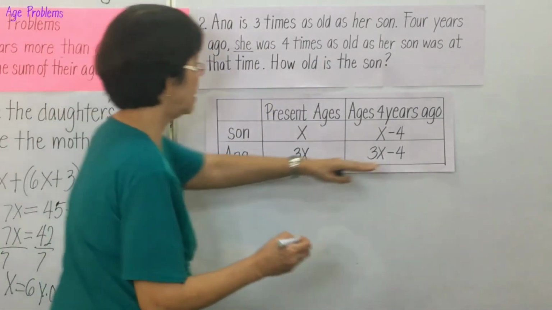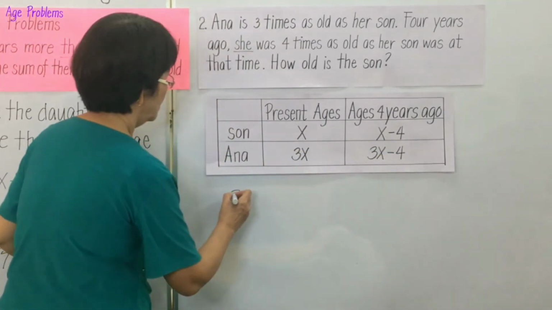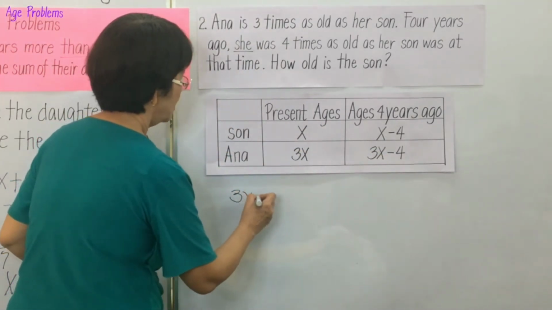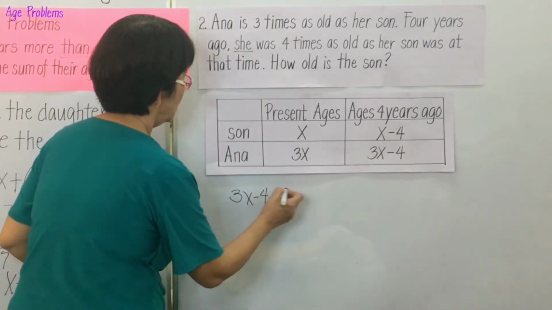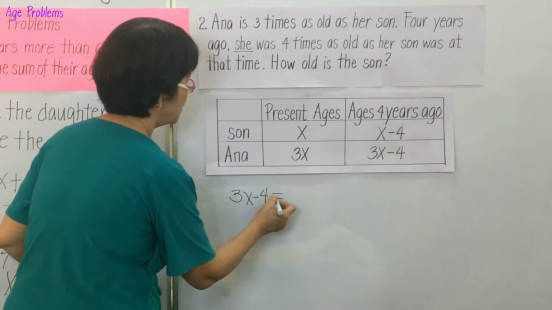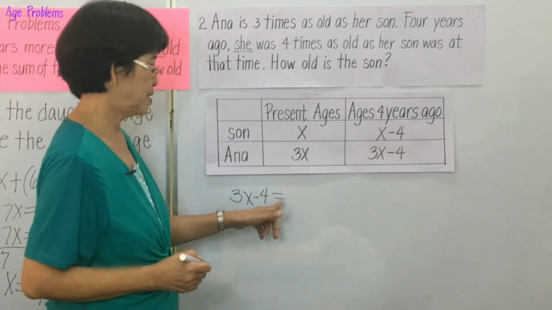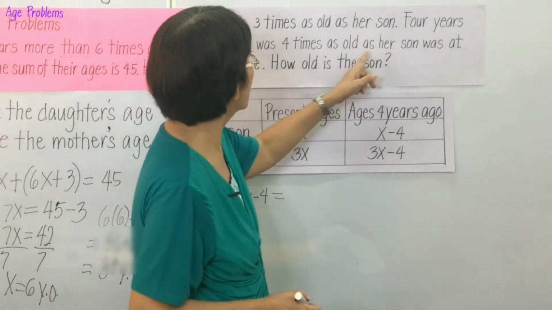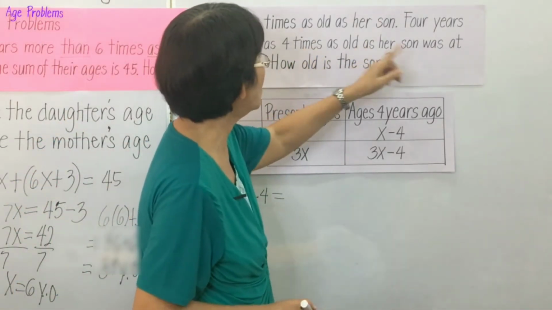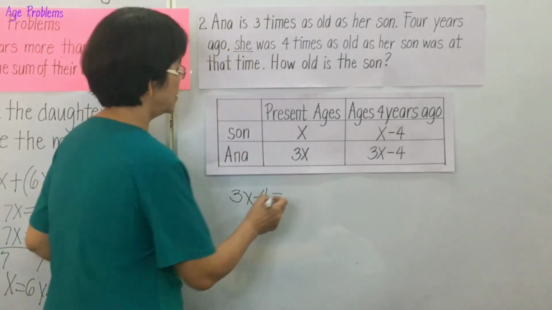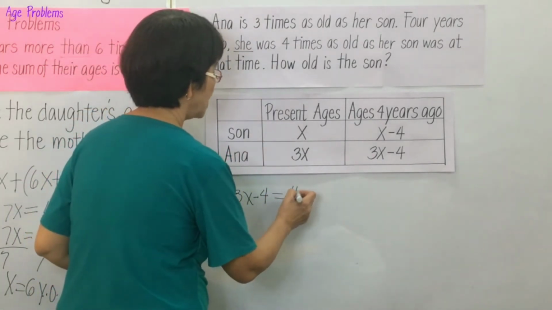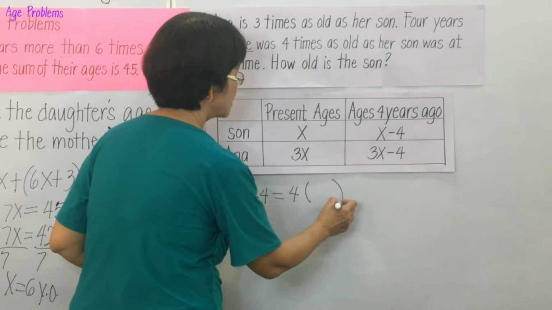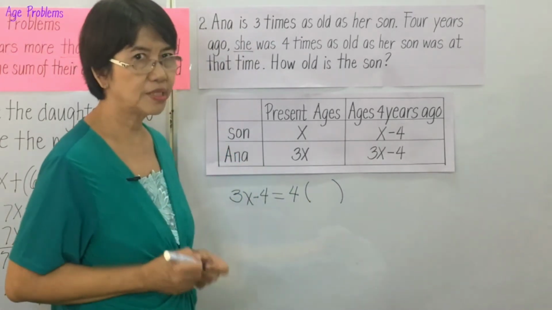So we will get this age, 3x minus 4. The verb "was" will be represented by the equal sign. Then 4 times as old as her son was at the time.